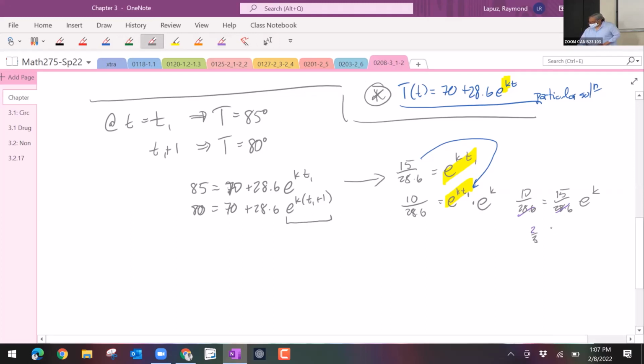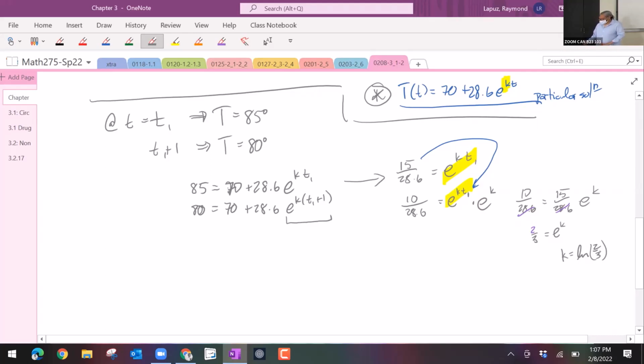Two-thirds is equal to e to the k, so it looks like k is going to be ln of 2/3. Not necessarily what I wanted to find, but we'll work with that.